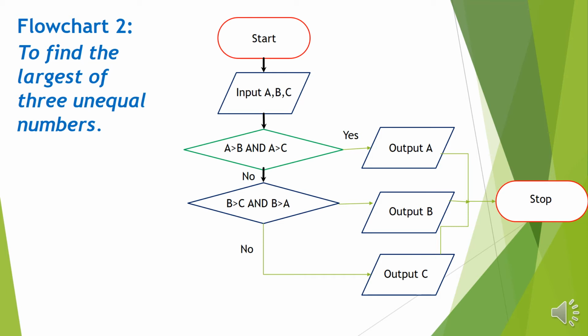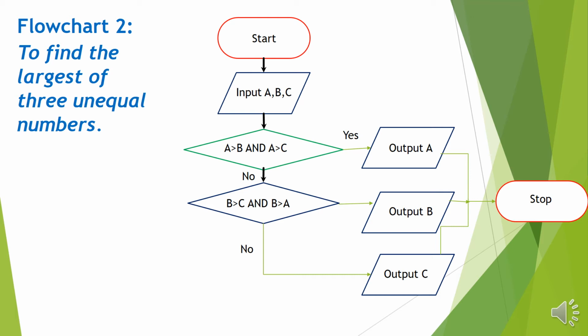Again, we will start with the oval symbol, then we will use the parallelogram for input, and then we will use the decision symbol, as if one number is larger than the other two, it must be greater than B, and it must be greater than C. If the condition becomes true, then we will go to the yes path, and on the yes path we will get the output of A.